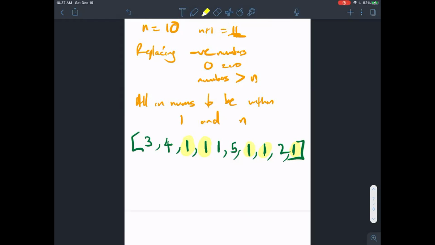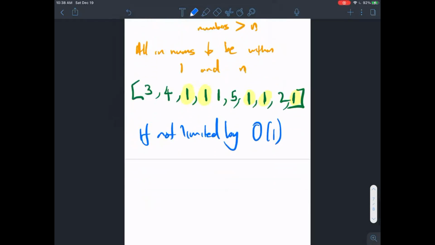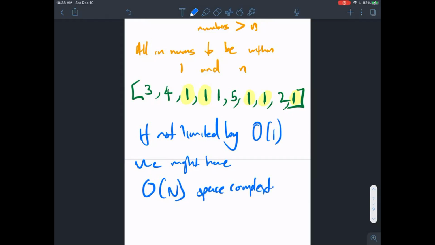If we were not limited to using constant space, then we might have, for example, a solution with extra space complexity by using a hash map.